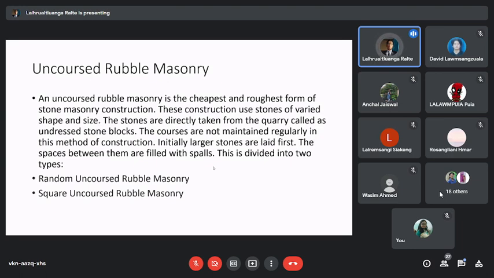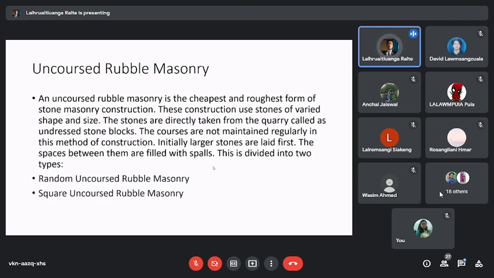Uncoursed rubble masonry is the cheapest and roughest form of stone masonry construction. These constructions use stones of varied shape and size. And before we proceed, when it comes to stone masonry, stone comes in different shapes and sizes, right?